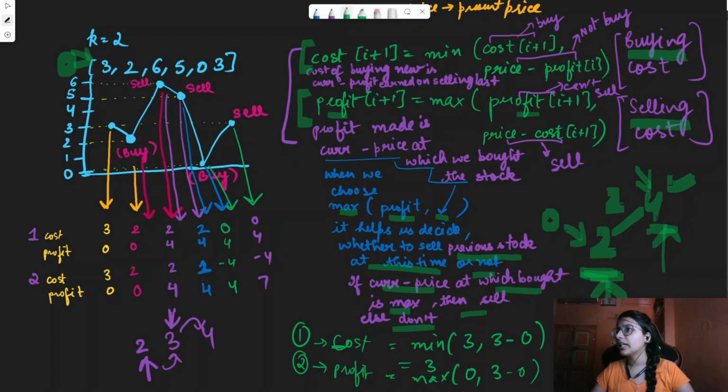But that is not the case here, because we are starting. Profit of I is the previous one which we are getting, so it will become 0.